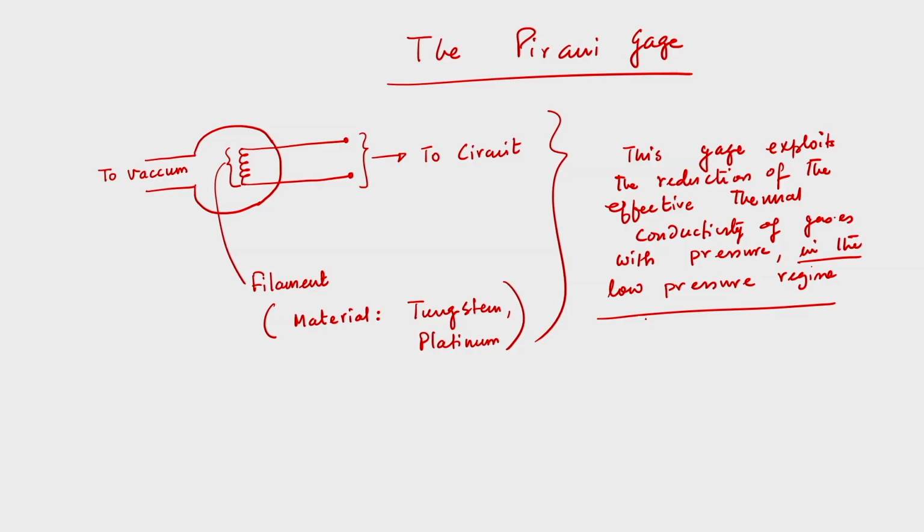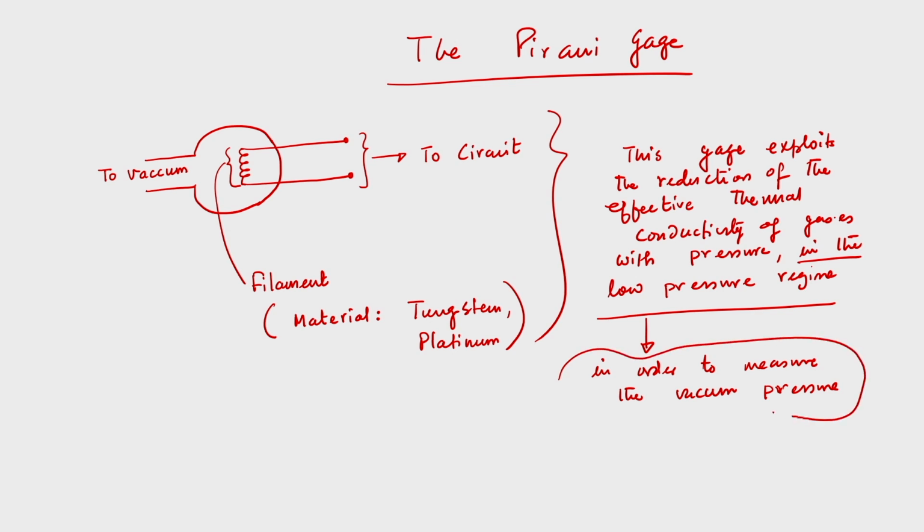Our objective is to measure the vacuum pressure, a very low pressure, using this gauge. The conductivity of the gas, even at very low pressure, will be such that we can measure it. That is the objective.